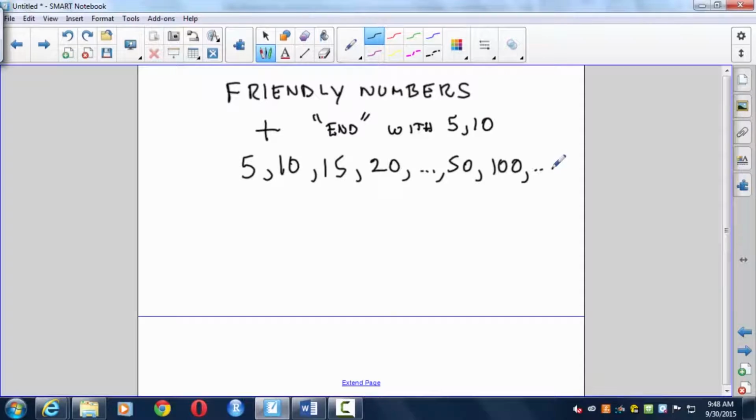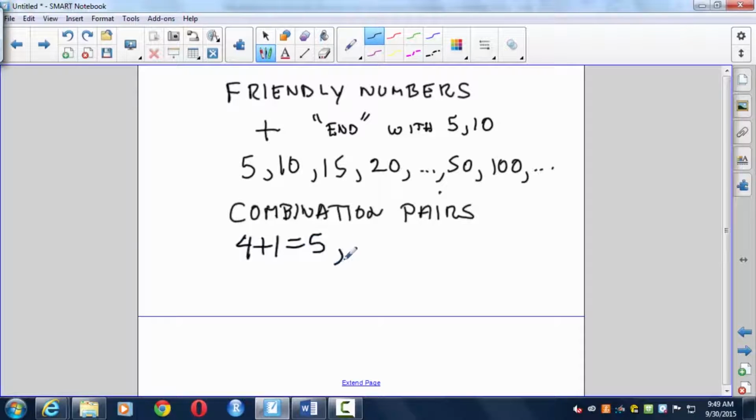So combination pairs of numbers, in addition, are those numbers whose sum, whose total, is a friendly number. So the first set looks like, what can we add together to get a 5? Well, 4 plus 1 is 5, 3 plus 2 is 5, 5 plus 0 is 5.